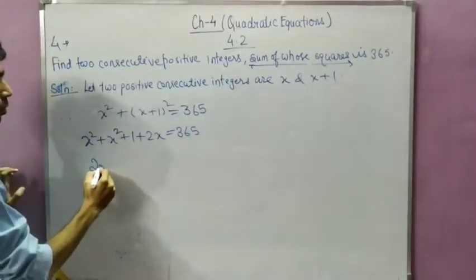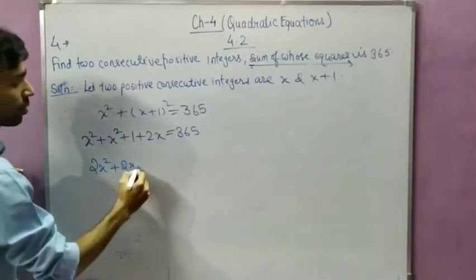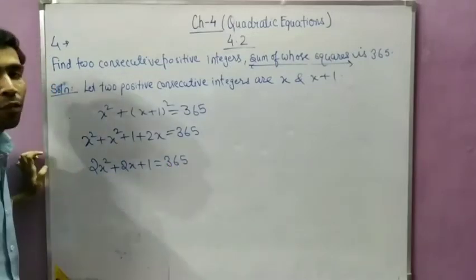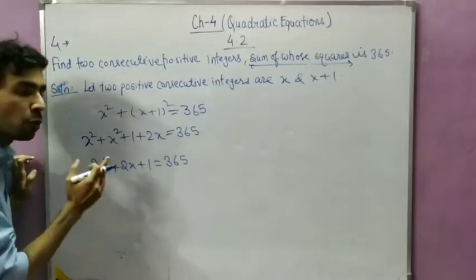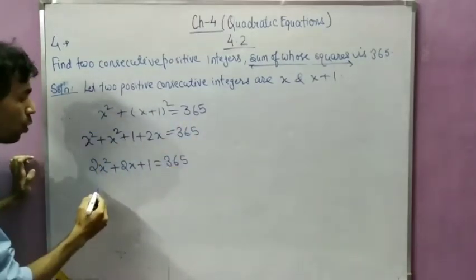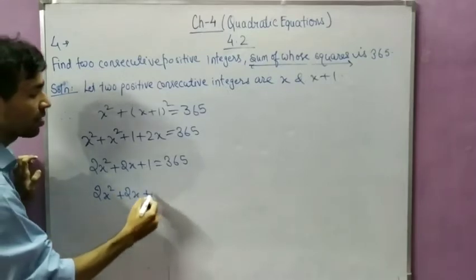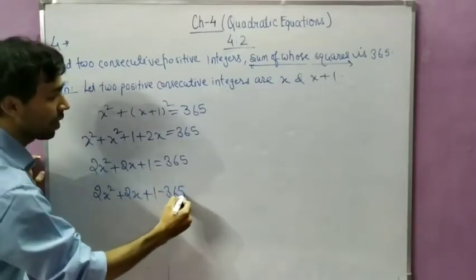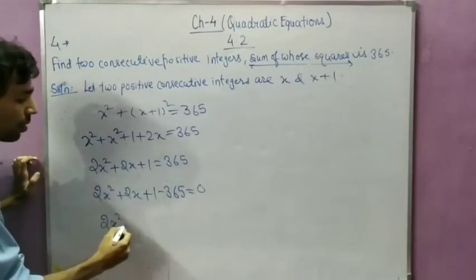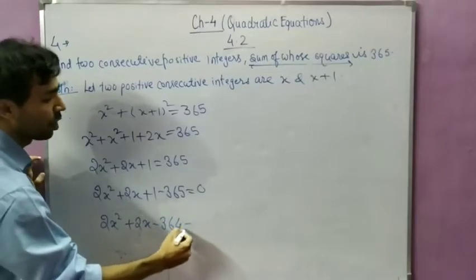Now this will become 2x square plus 2x plus 1 equal to 365. Because we have to make a quadratic equation, all things should be on the left side, and on the right side 0 should be there. So 2x square plus 2x plus 1 minus 365 equal to 0. Now 2x square plus 2x minus 364 equal to 0.